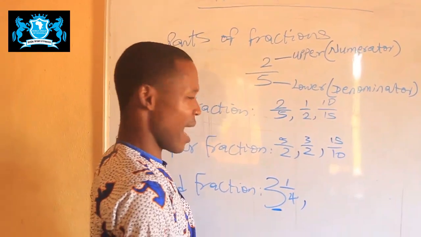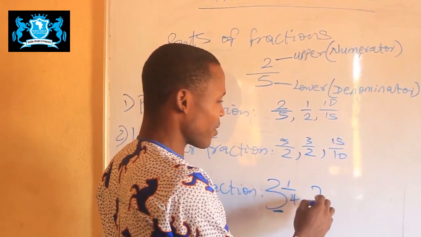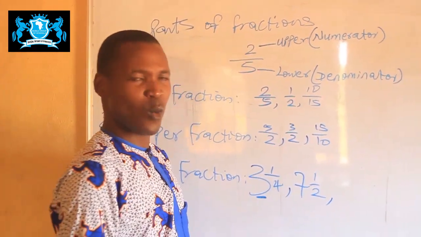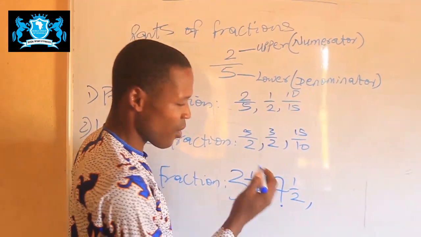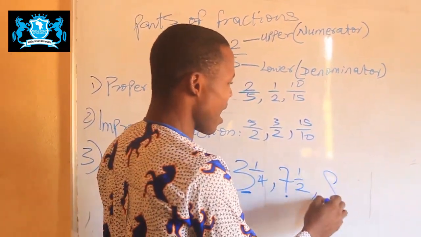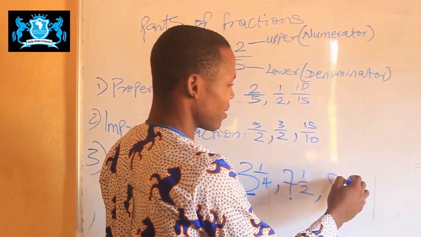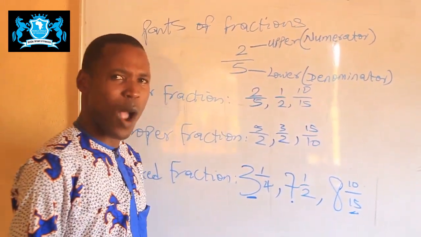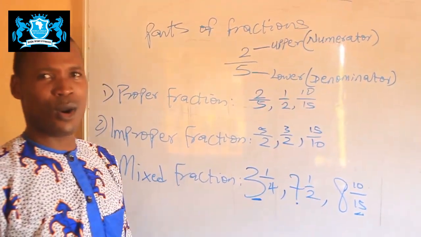If we have something like 7 whole number 1/2, 7.5, this is a mixed fraction. Why? Because it has a whole number. If we have something like 8 whole number 10/15, this is a mixed fraction. Why? Because it has a whole number.